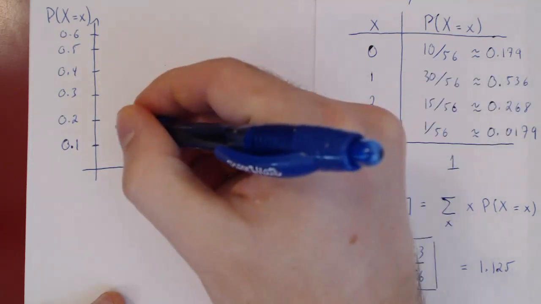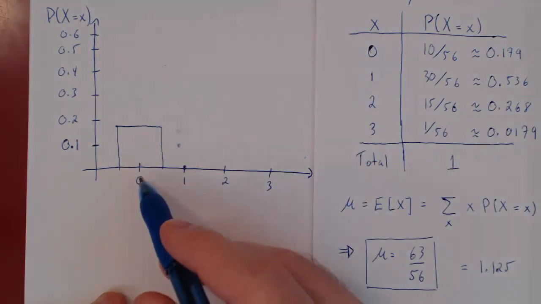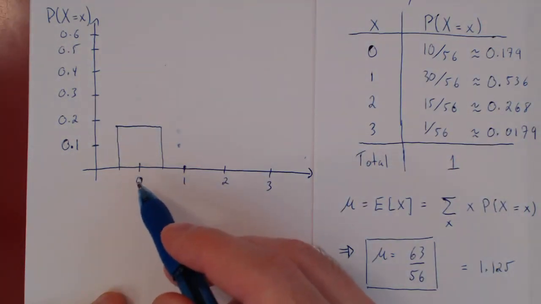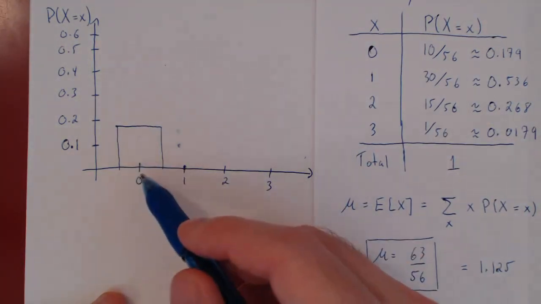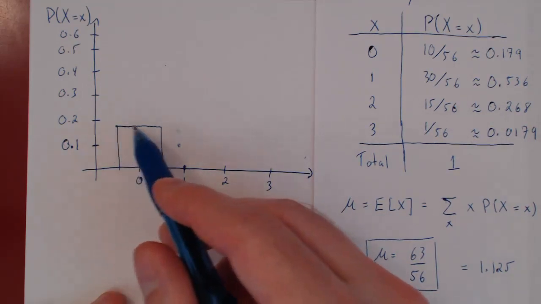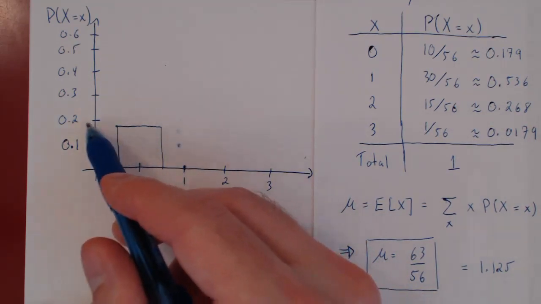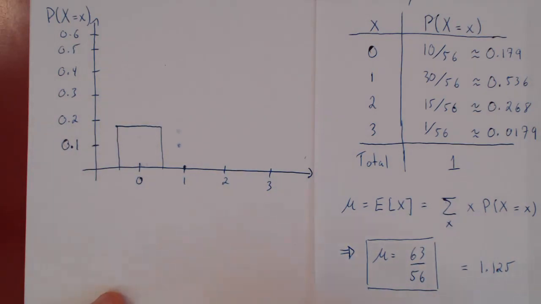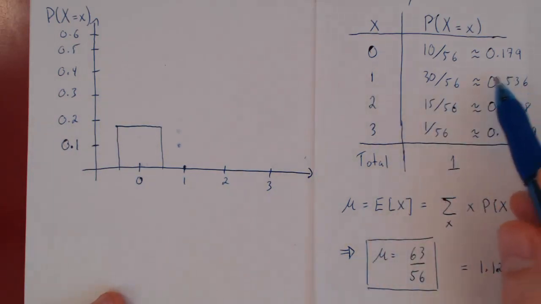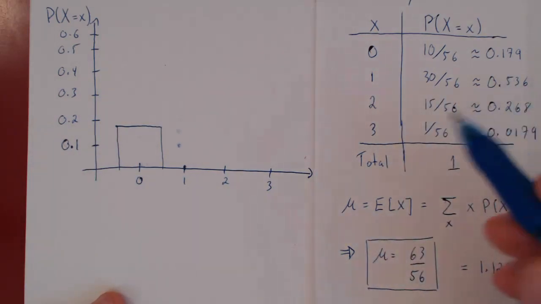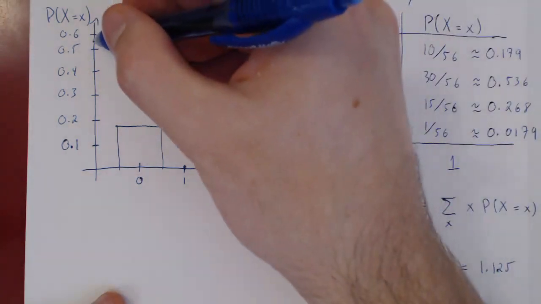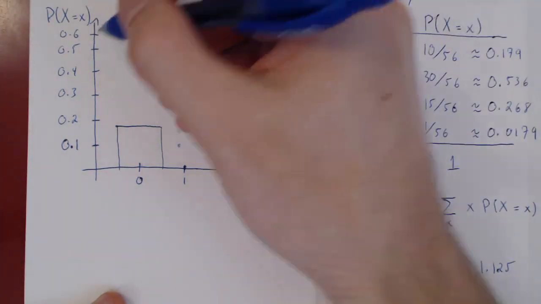And put the bar right in the middle of the given x value. So you see the probability of x being equal to 0 is approximately, from our histogram, 18%. What about x equals 1? It's about 0.54. So it's about in the middle of 0.5 and 0.6.